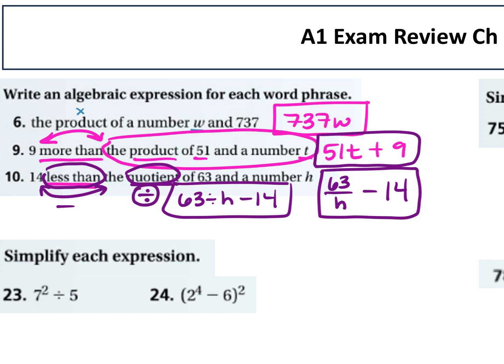So the quotient of this means you are dividing that. So 63 divided by H, right? And then less than just means flip-flop where they're at. So, and subtraction, right? So the 14 needs to go to the end. The 63 and the H need to come to the beginning. So look for keywords like that. Less than is flip it and subtract it.